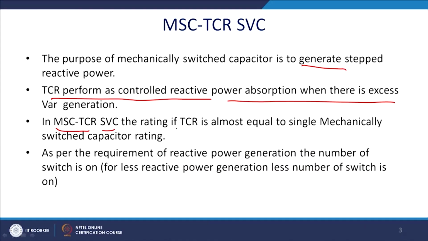In MSC-TCR SVC, the rating of the TCR is almost equal to the single mechanical switch rating of the capacitor. As per the requirement of reactive power generation, the number of switches that are on changes. For less reactive power generation, fewer switches should be on. Definitely, if it is 10.4, then you will switch on something, but you have to rather switch on another 12, because 6 and 1.6 MVA has to be compensated by the TCR.